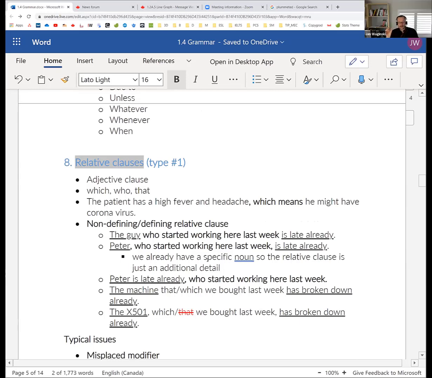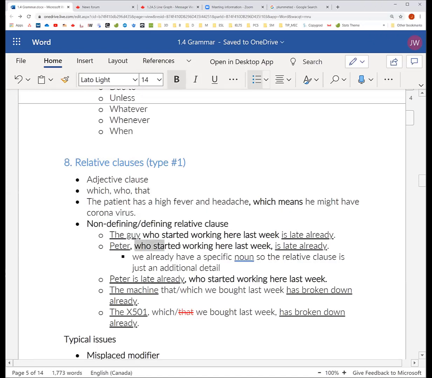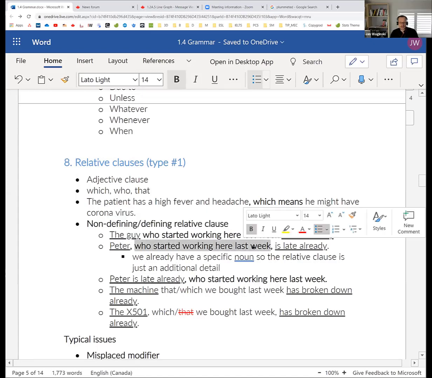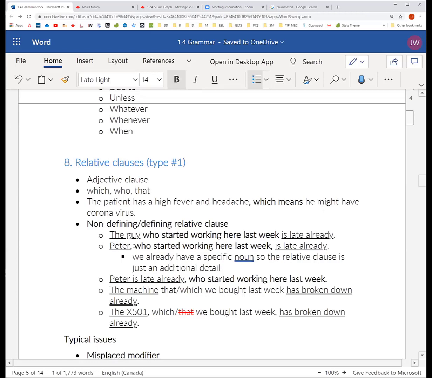It's a bound modifier that needs to go right after the thing it's modifying. So in the case of Peter here, the relative clause who started working here last week refers specifically to Peter, right? So the relative clause needs to go directly after Peter.